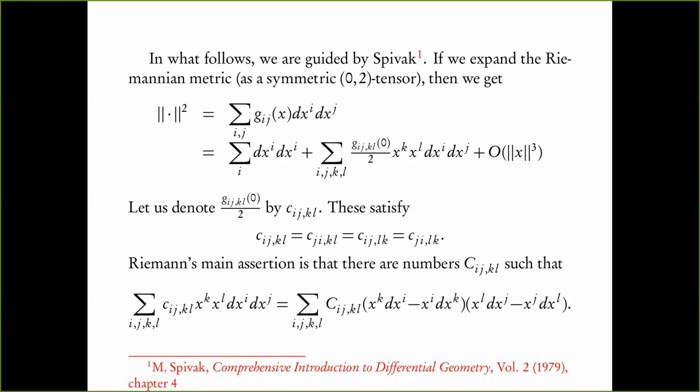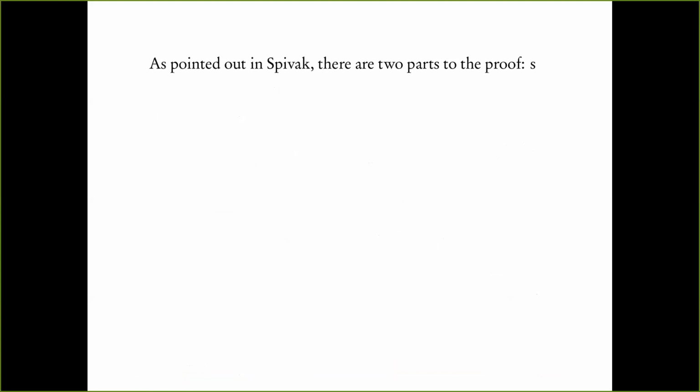So this is something that we want: this capital Cijkl, motivated from the curvature matrix from surfaces. Now, if you follow Spivak's book, and I highly encourage you to do that, there are two parts to the proof. There's a purely algebraic part, which is a bit of algebra, but I found it very nice. It's an algebraic fact about quadratic functions.